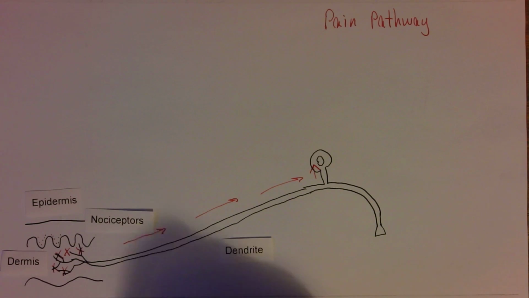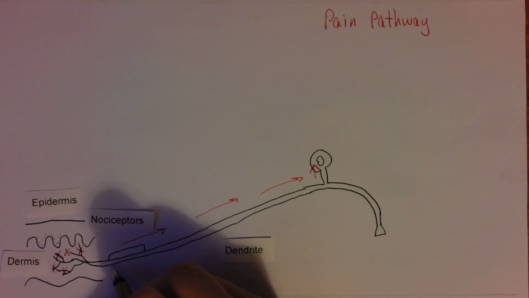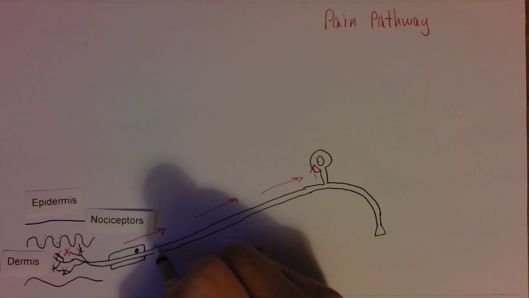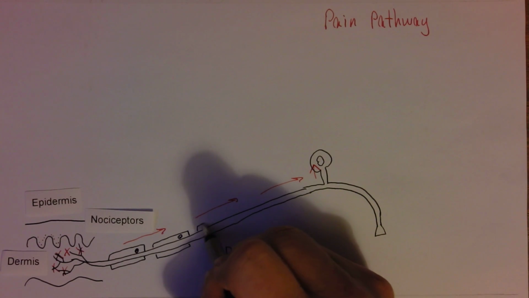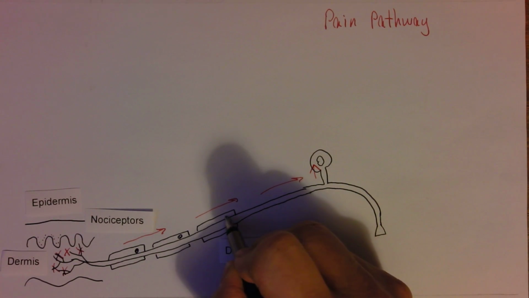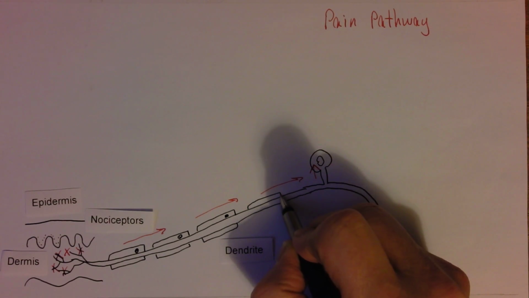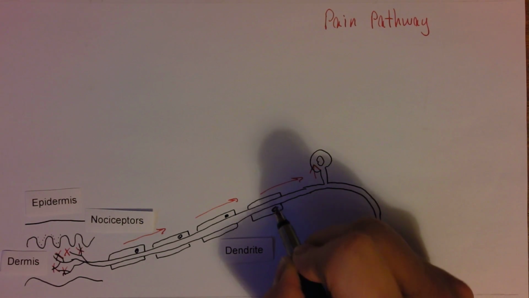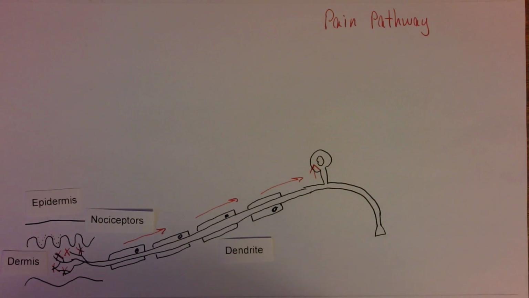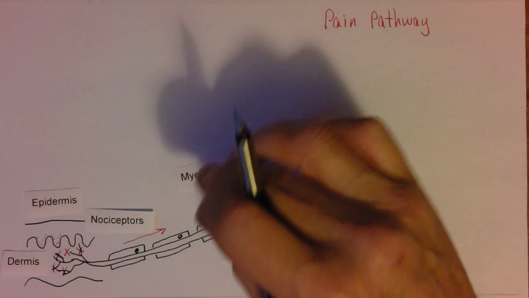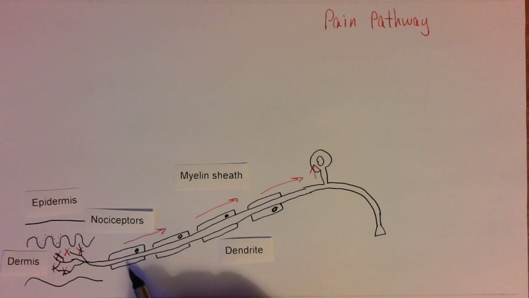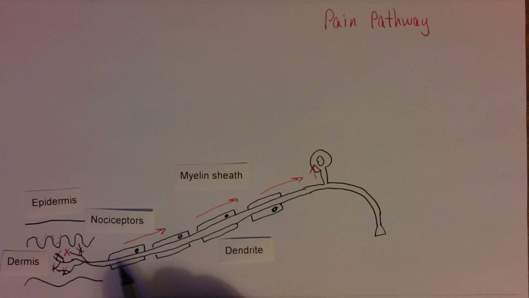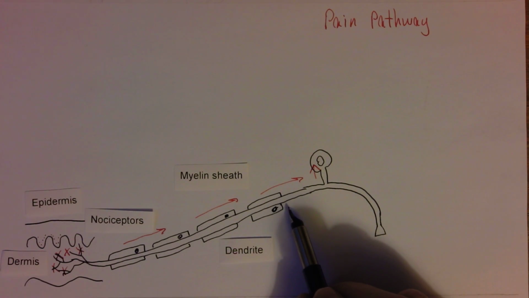So the impulse goes to the cell body of the sensory neuron along the dendrite. Now, very often these sensory neurons have a myelin sheath with the Schwann cells, individual Schwann cells, wrapping themselves around, in this case, the dendrite of the sensory neuron, forming this fatty myelin sheath, which protects, insulates, nourishes the nerve fibre, and also facilitates much more rapid transmission of the nerve impulse.